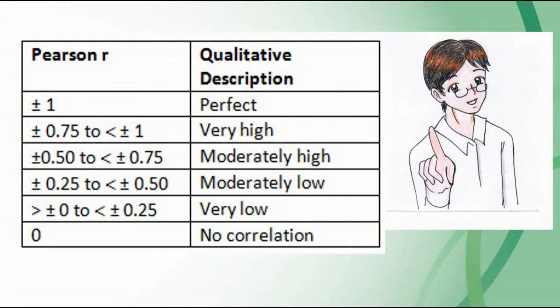Positive or negative 0.25 to less than 0.50 means it is moderately low. Greater than 0 to less than positive or negative 0.25 means it is very low. And 0 means no correlation.